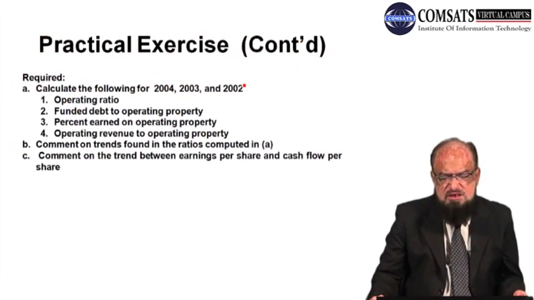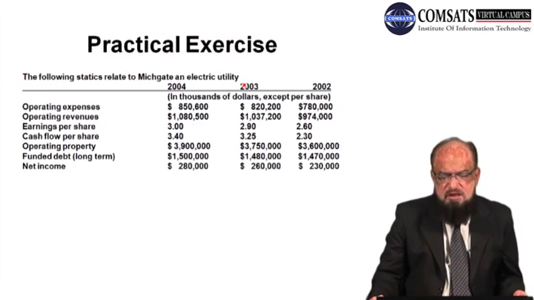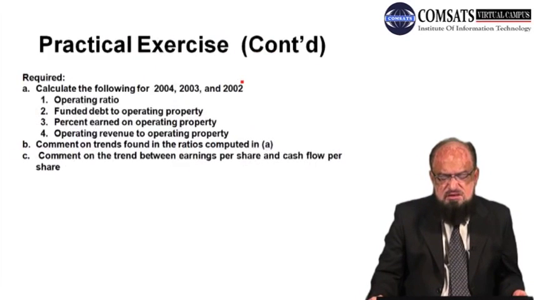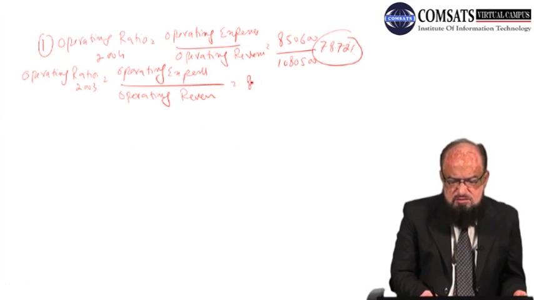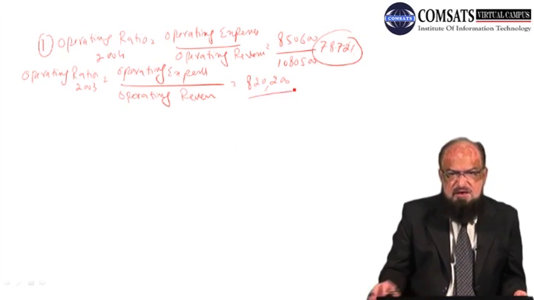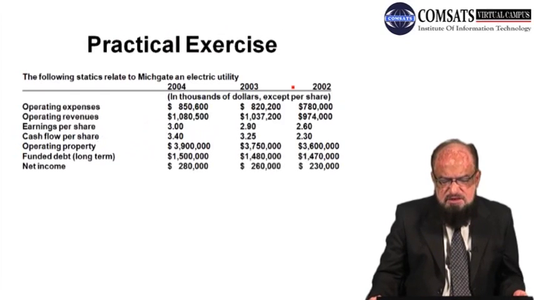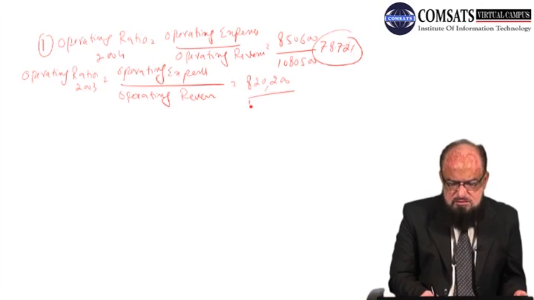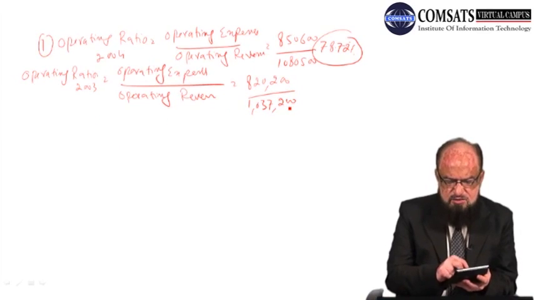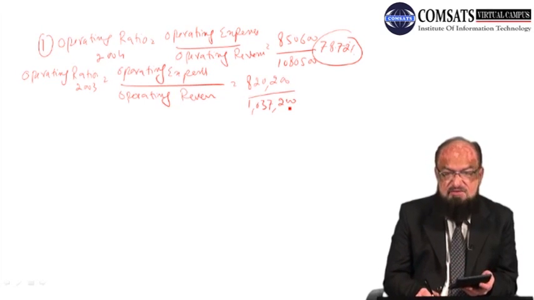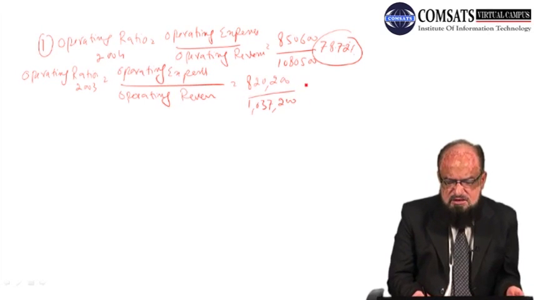Operating expenses are given, if you can see, 820,200 divided by operating revenue, that is 1.0372 million. कैलकुलेट कर लें. 820,200 divided by 1037,200 multiplied by 100, that will be 79.08%.